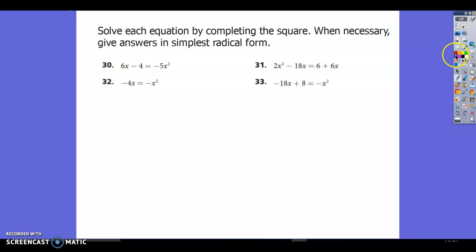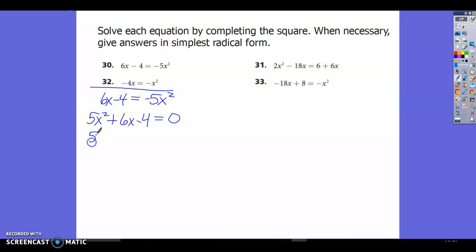All right, so let's look at number 30. 6x minus 4 equals negative 5x squared. All right, we don't need a negative x squared, so first, let's put it in standard form. So I'm going to add 5x to both sides. 5x squared plus 6x minus 4 equals 0 now, since I moved that to the other side.